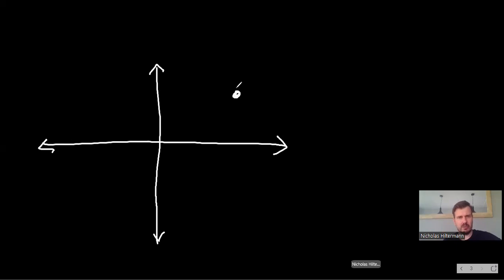So we could add a point. Now we're going to take our trigonometry and add it to a graph, so X and let's do Y. And if we have a point on this graph, now this is where you would have learned your CAST diagram.